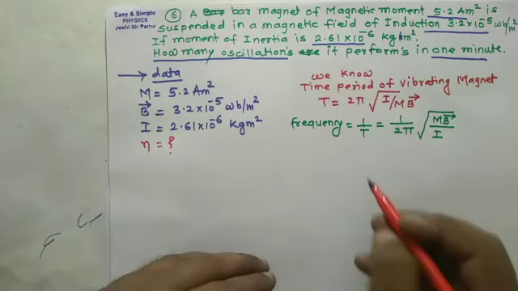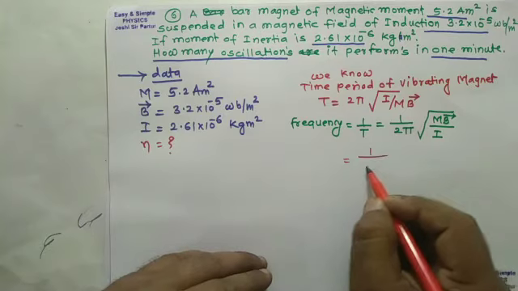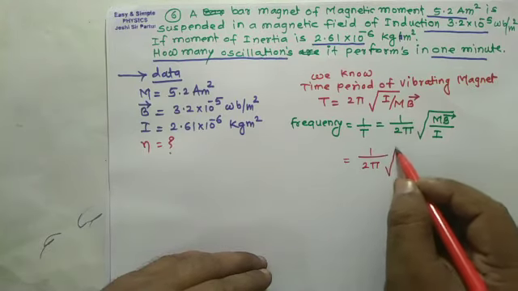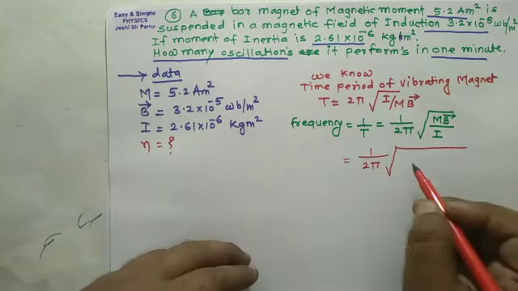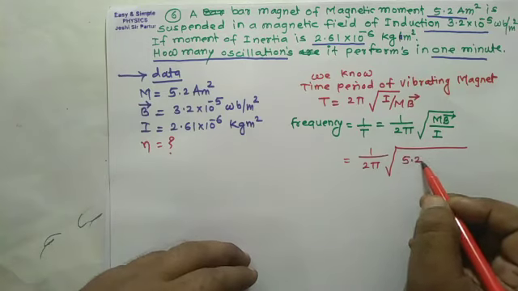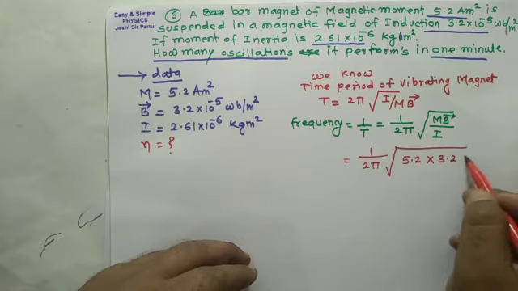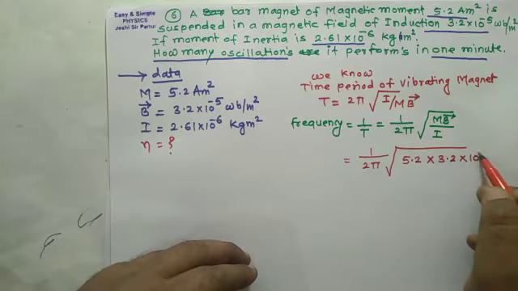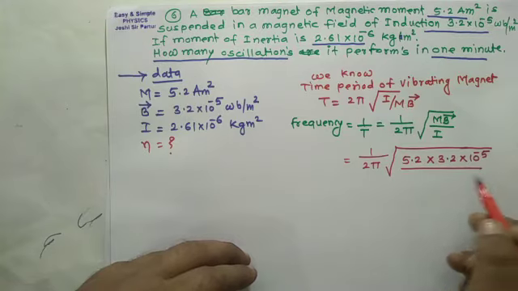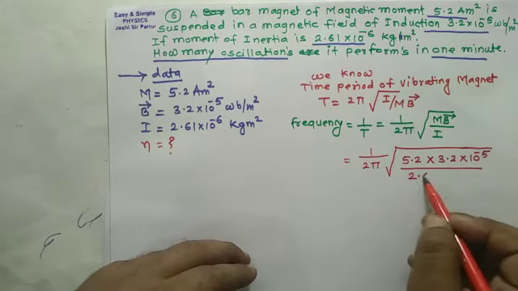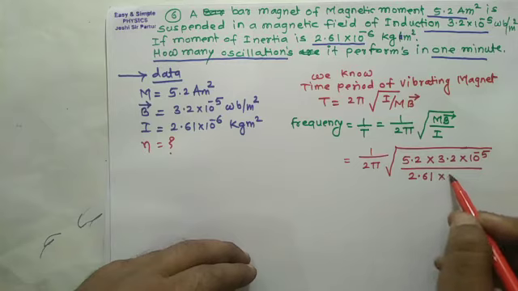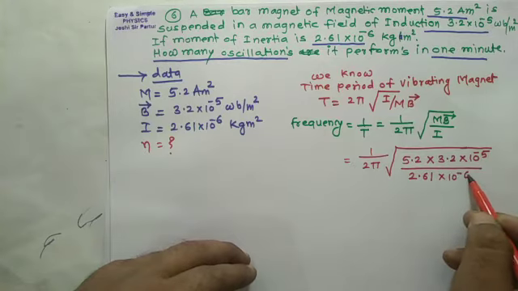Substitute the values. Here the values will be 1 upon 2 pi square root of M, that is 5.2 multiplied by 3.2 multiplied by 10 to the power minus 5 divided by 2.61 into 10 to the power minus 6.